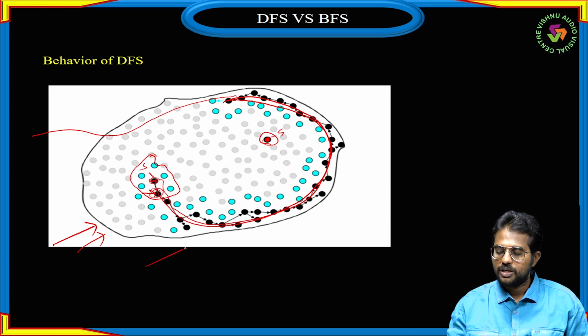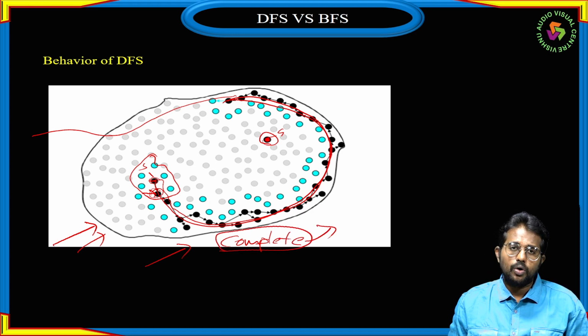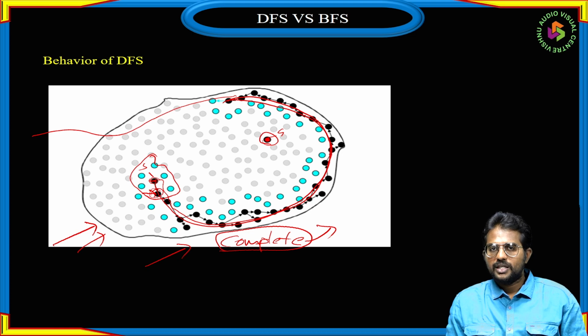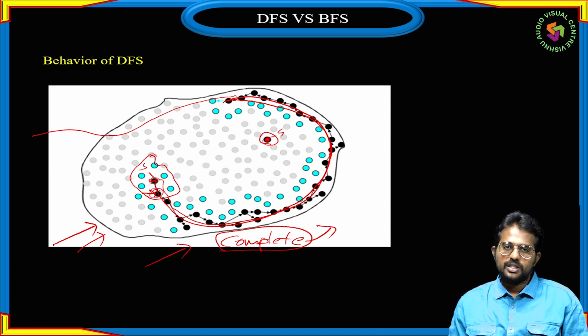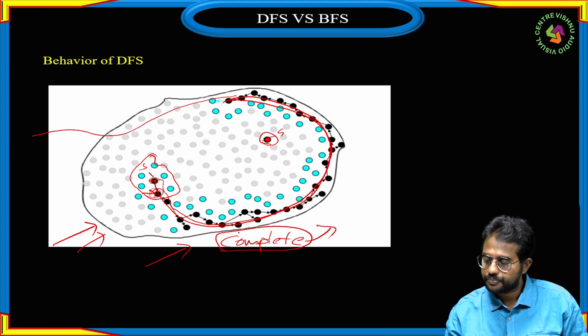So this DFS algorithm is not complete, as in some situations I cannot reach the goal node in an infinite search space. Whereas in a finite search space, DFS is complete, but in an infinite search space it is not complete.